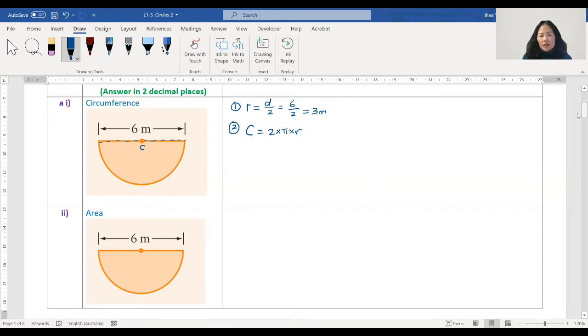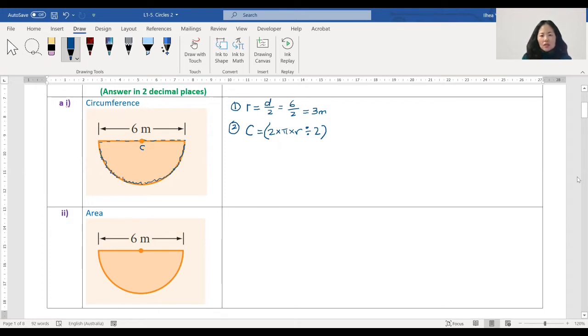Have a look at the diagram that we have. It doesn't really suit us, because it's only a half semicircle. So I'm going to divide by 2 to make it half round. That's only going to give us the curve part, not the whole distance.